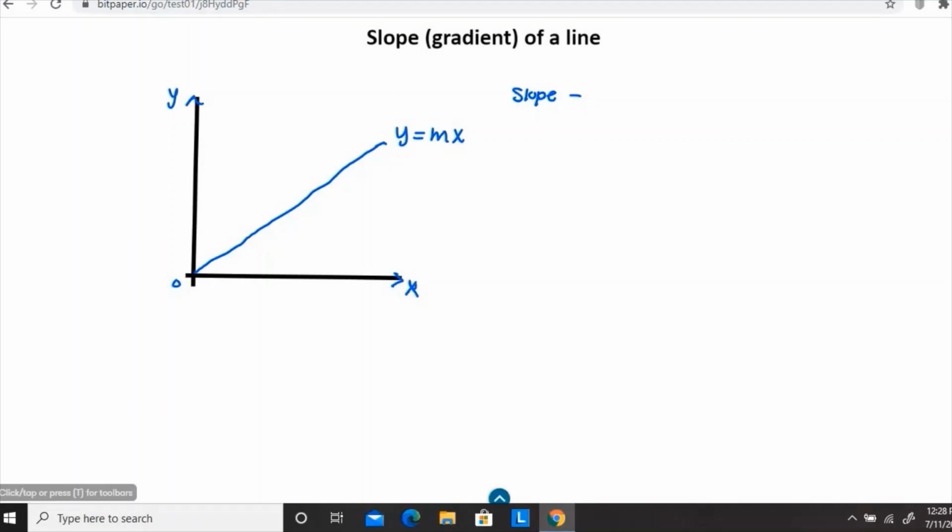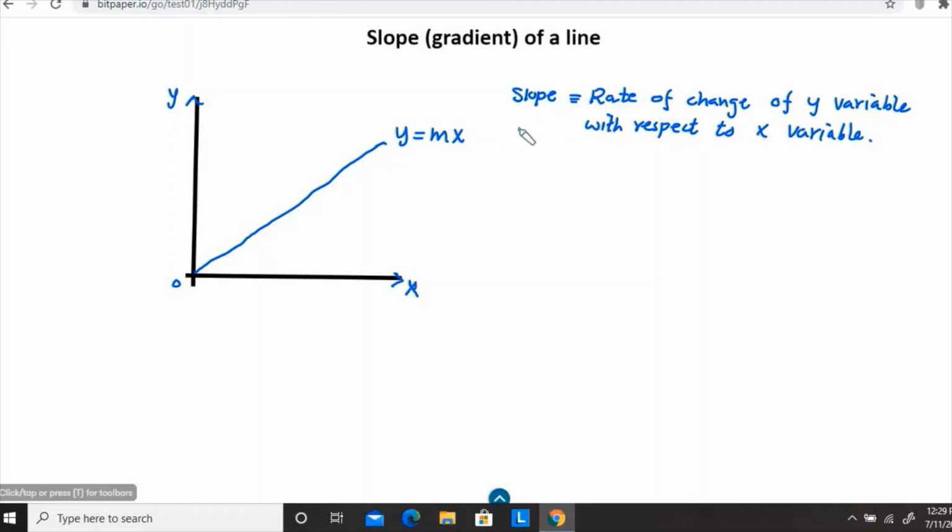The slope is defined as the rate of change of y variable with respect to x variable.